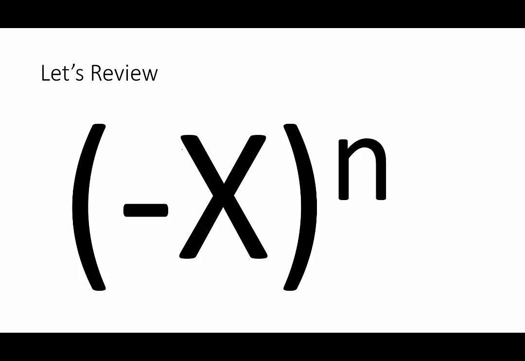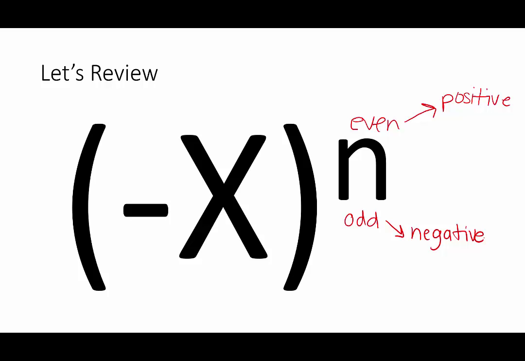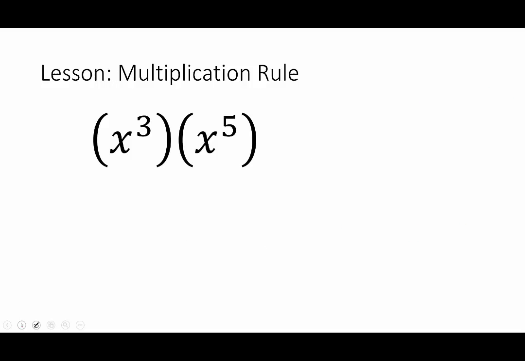We learned that when a base is negative and is raised to an even power, then the answer is going to be positive. We also learned that if you have a negative base raised to an odd power, that is going to be a negative answer. Something to keep in mind as we're going through these. It's an important part of this one.